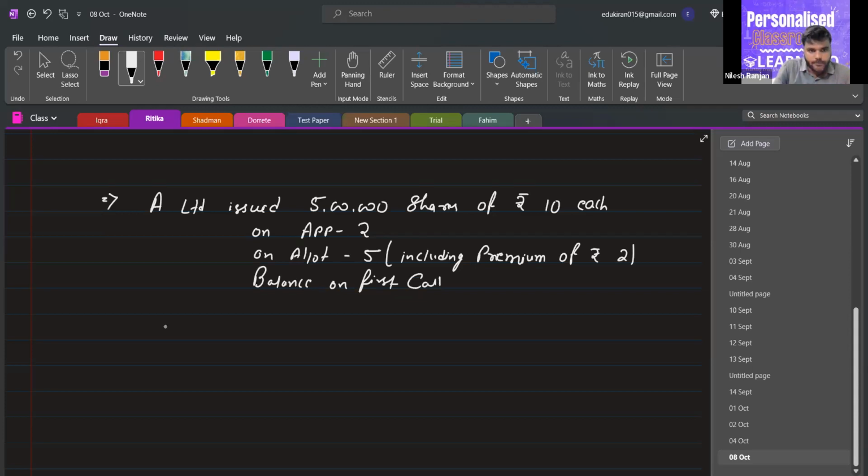Now, X, a shareholder who has 1,000 shares, did not pay the allotment.